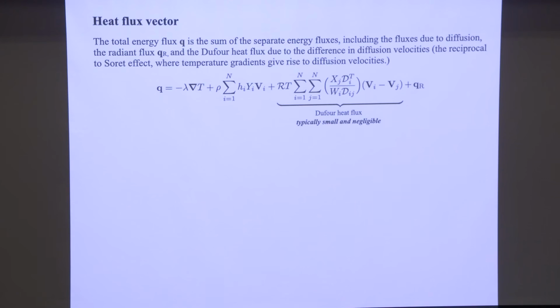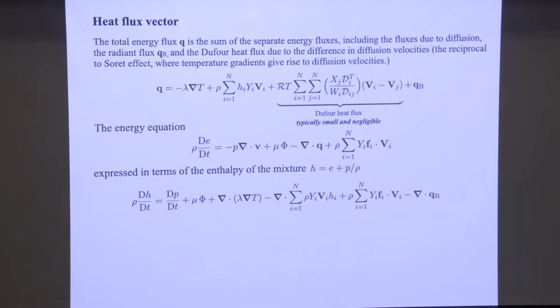Usually that term is negligible. If you are interested also in radiant heat flux, you have to add that component to the Q. I will add it only when necessary, usually not often, actually never. Okay, so in my discussion, I mean never, not.